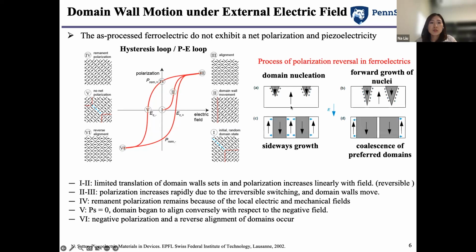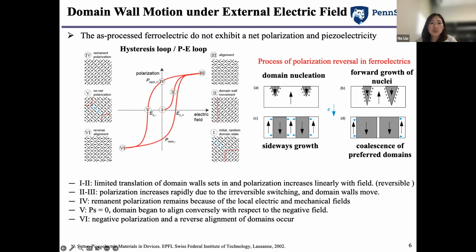In the polarization reversal process in ferroelectrics, there are 4 steps which need to be discussed here. Initially, the domain needs to be nucleated in the reversal direction. By increasing the electric field, the forward growth of these nuclei will proceed.